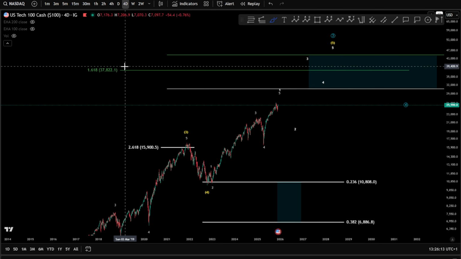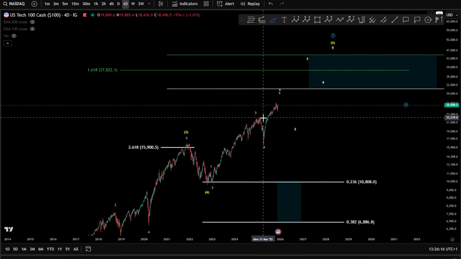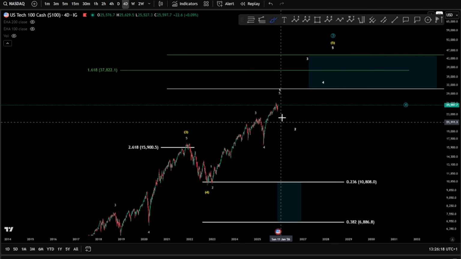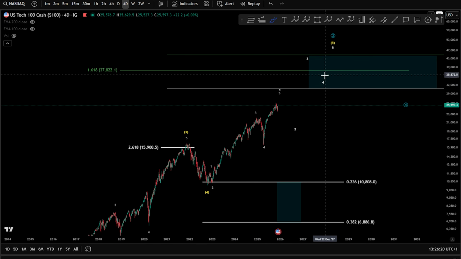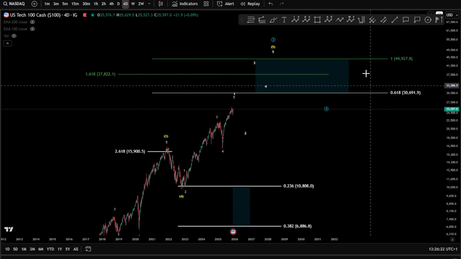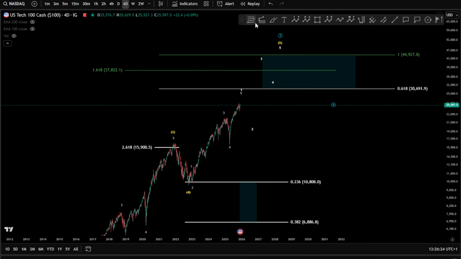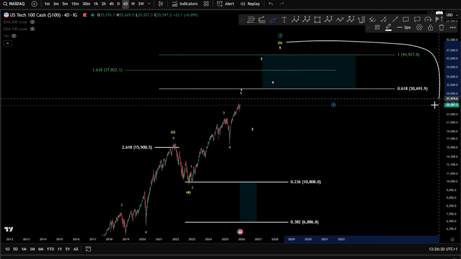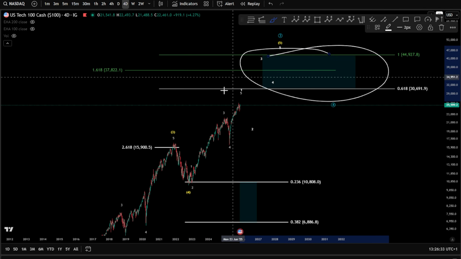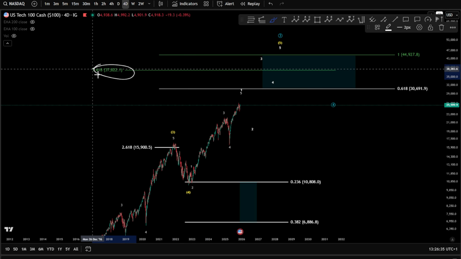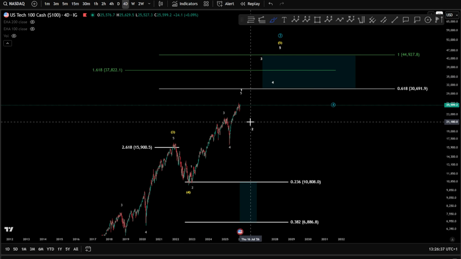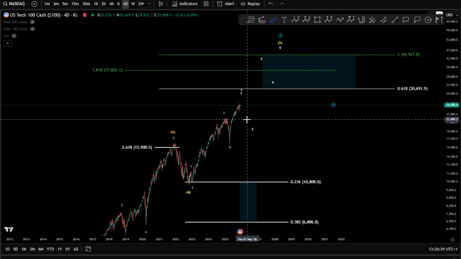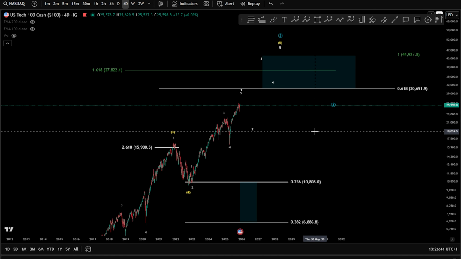Now NASDAQ, of course, main target is 37K800, 1.618 on the all-time history in precision, and another target, of course, for the wave 5, because of course you see you have wave 3 and a wave 5. The wave 3 is 1.618, while the wave 5 is between those two numbers in general area. But of course, this is the highest precision, 37K800 for NASDAQ, guys.